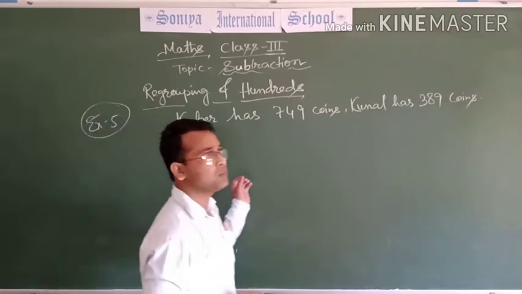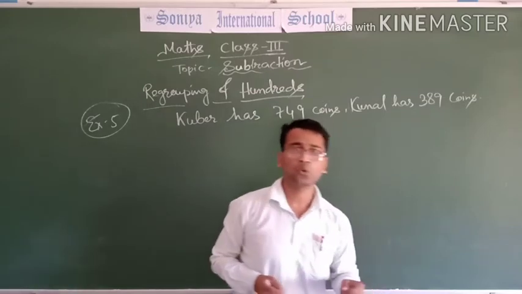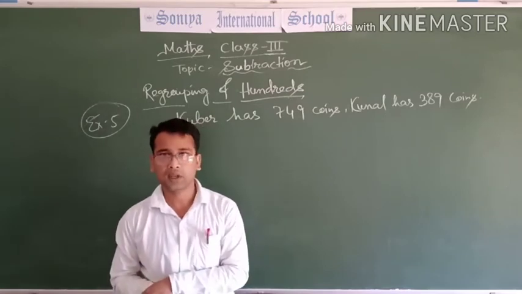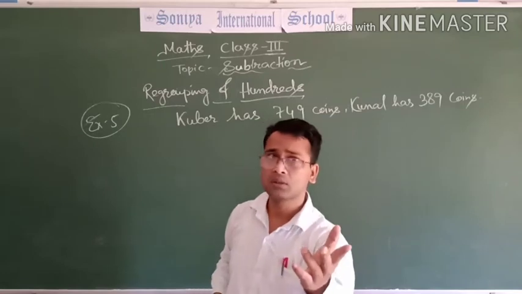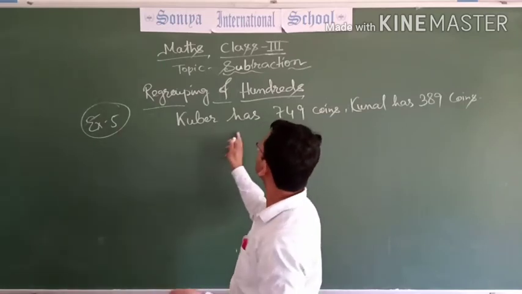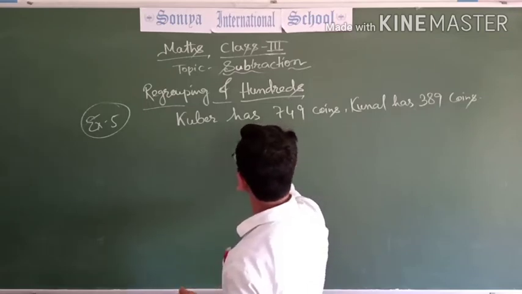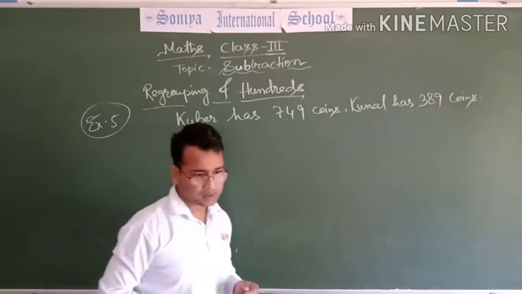Is that clear? But how many more coins must Kunal collect to have the same number of coins as Kuber? Is that clear? So the mathematical problem going on is subtraction.